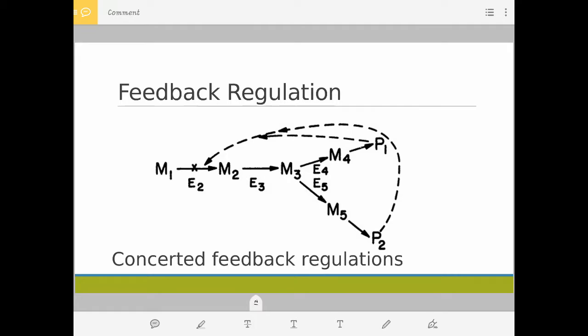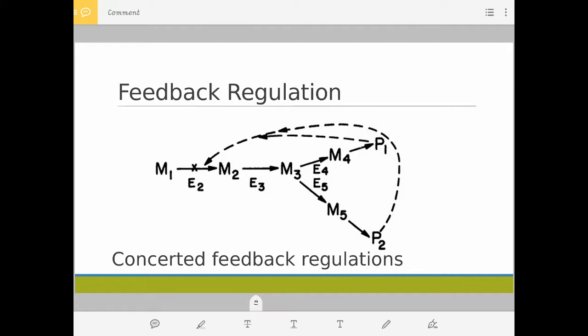We have many diverse types of pathways, and some of those pathways are branching. So there are several types of feedback regulation happening. Specifically for this one, this is a feedback inhibition. Consider a branching pathway. Metabolite 1 is the starting substrate, and enzyme 2 is, let's say, the beginning of that pathway.